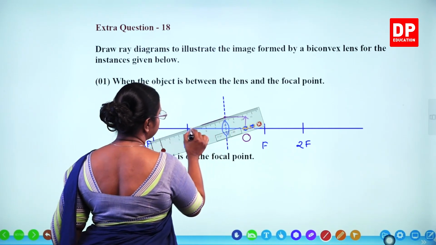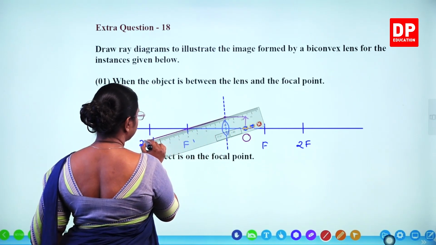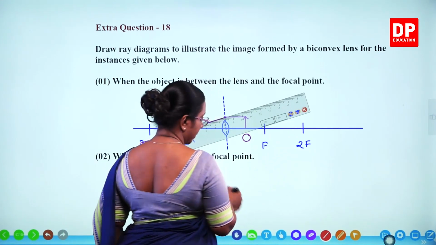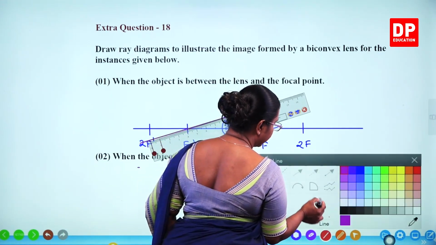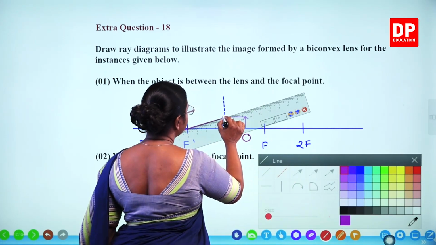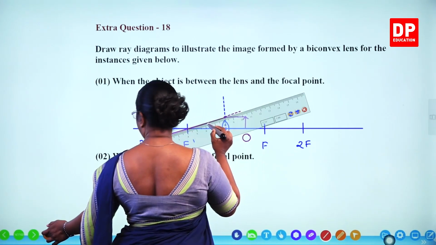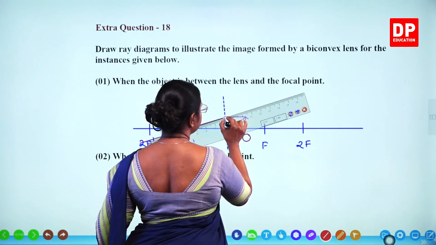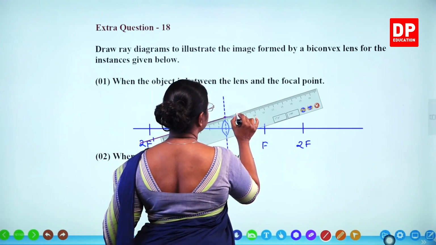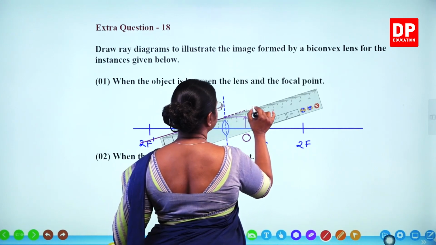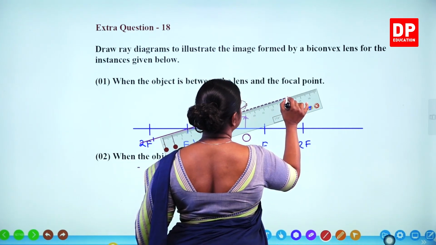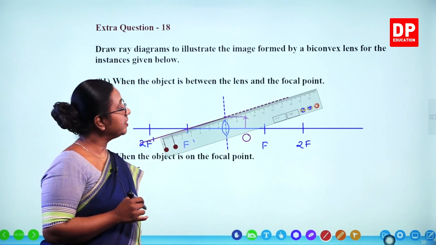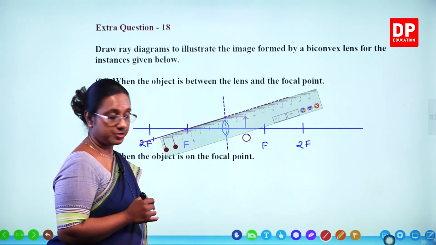So, here it has to refract through this point and we have to extrapolate that line because you are very familiar with drawing the ray diagrams. You all know here the image has to be formed behind the object.